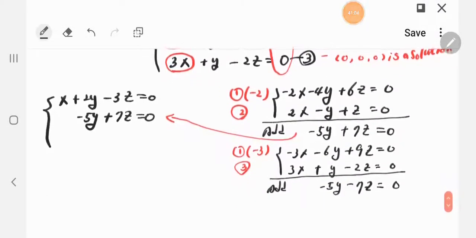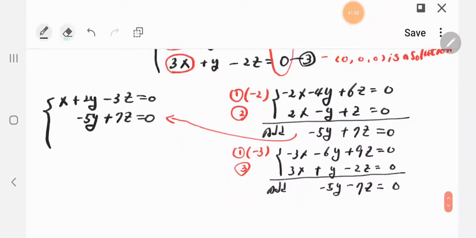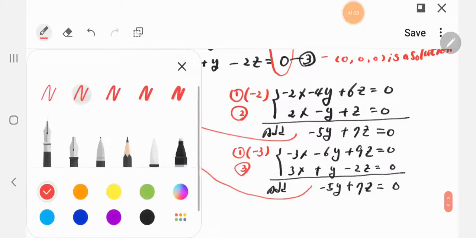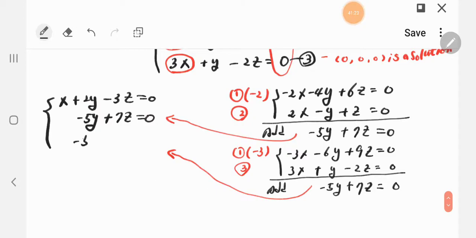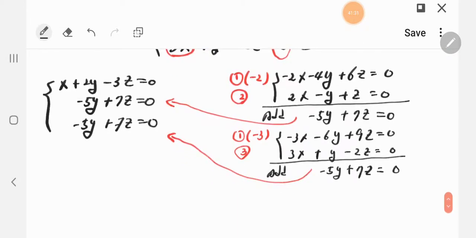For the third equation, I made a mistake. 9 minus 2 is positive 7, right? So this is plus 7z. So why don't we replace the third equation by this result? That will be negative 5y plus 7z is equal to 0. So the system of equations can be written as this.